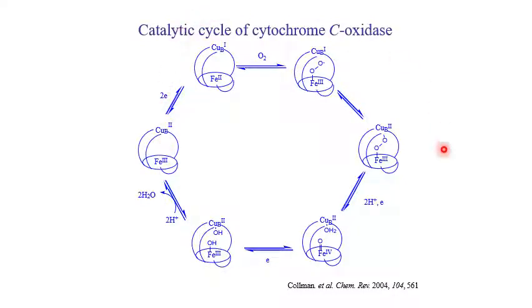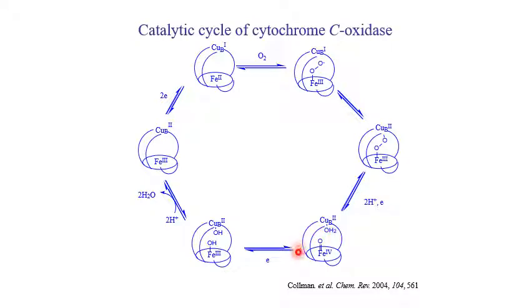So this is the catalytic cycle, from which you can see that oxygen will first bind to the iron center, then bind to the copper center, then using the proton and electron, the oxygen bond will break, the activation will take place, and it will form water. So basically from oxygen, here you are getting water at this stage.